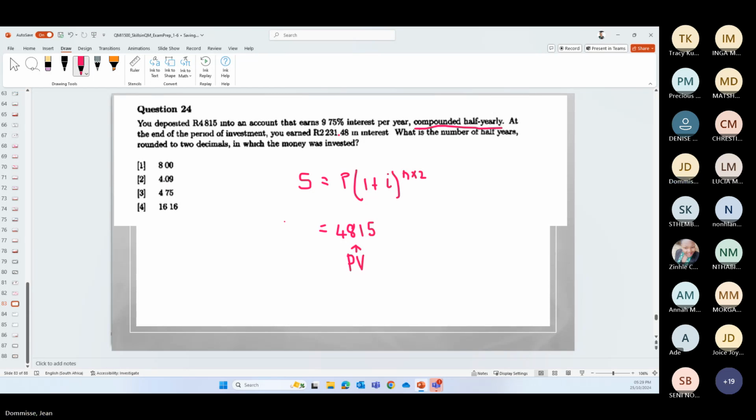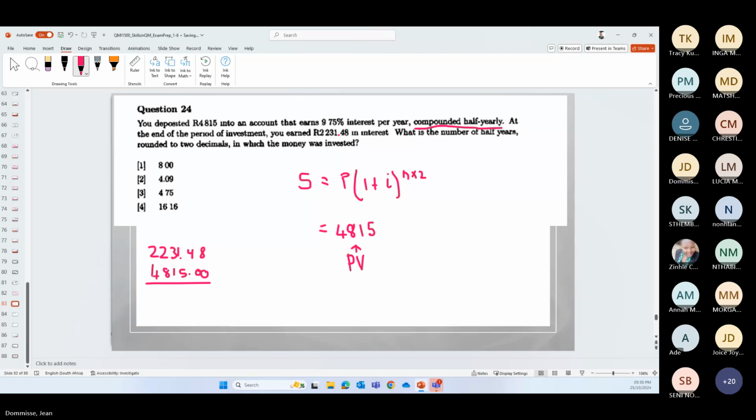We've got the future value in a sense, because they said we earned 2231.48, plus the beginning value of 4815.00. That will give us our future value.